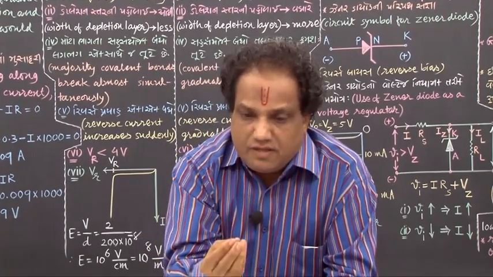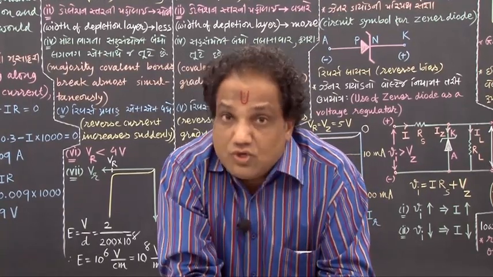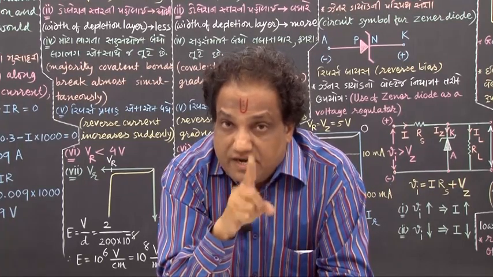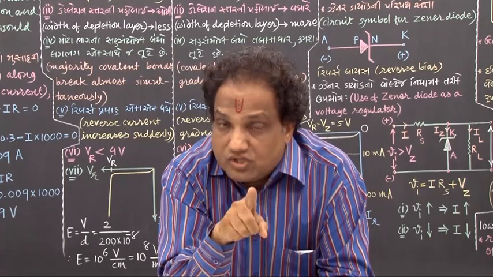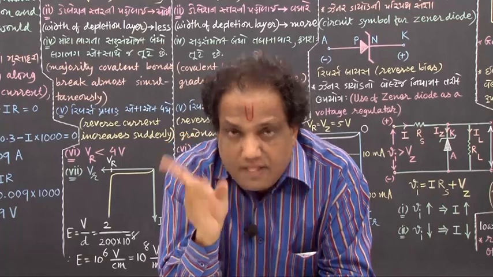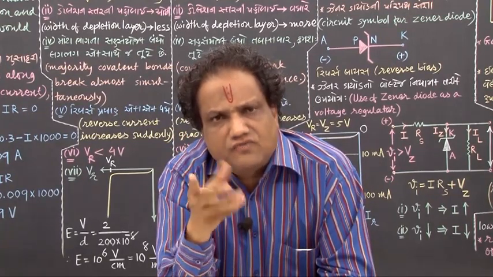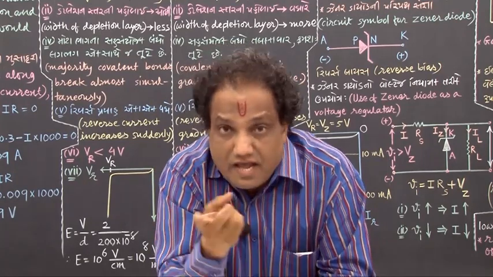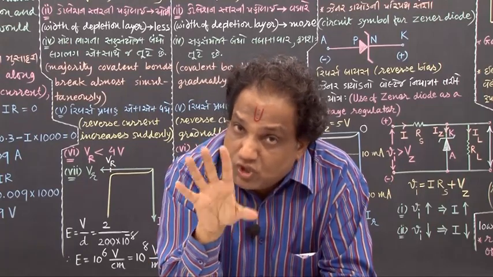And as soon as you have free electrons and holes in the depletion layer, you know what will happen? Free electrons will be accelerated in a direction opposite to the electric field, whereas holes will be accelerated in the direction of the electric field, correct? In short, a very large number of free electrons will take part in the conduction of electricity, and along with that the bound electrons also will join, correct?